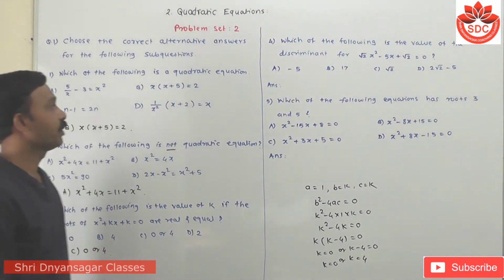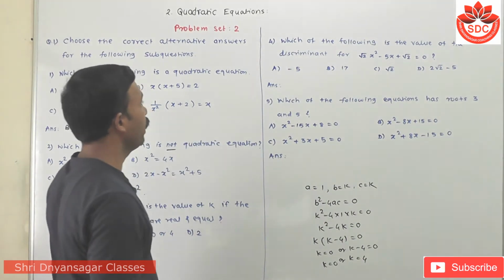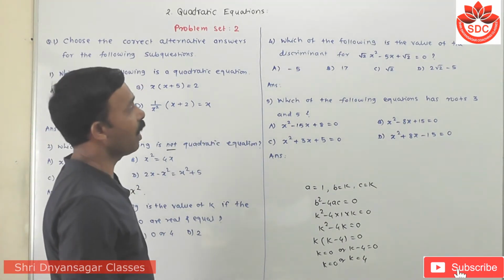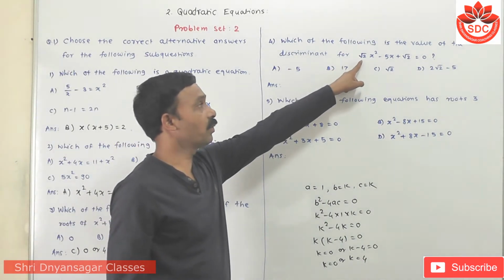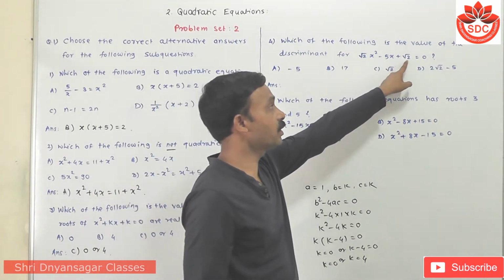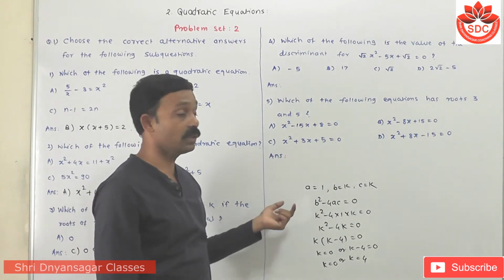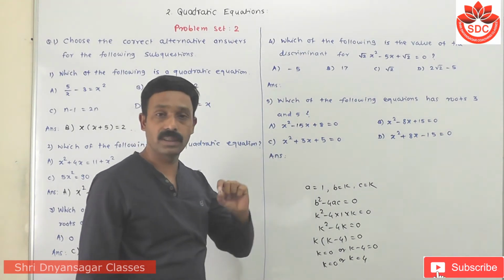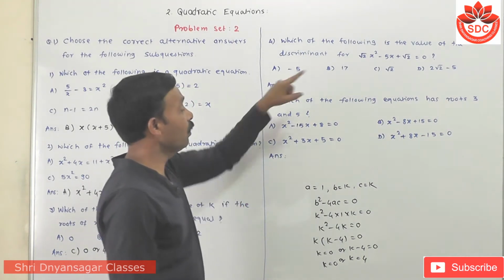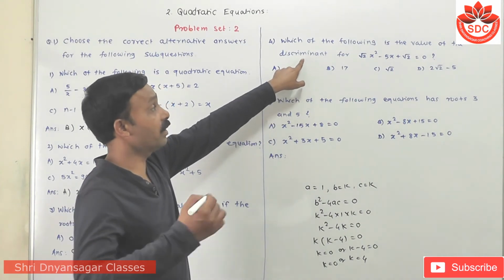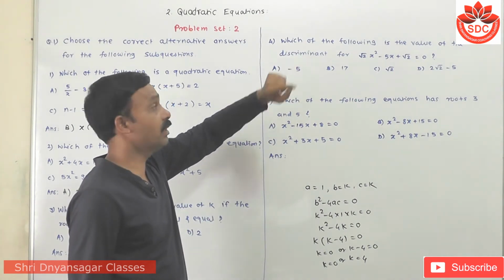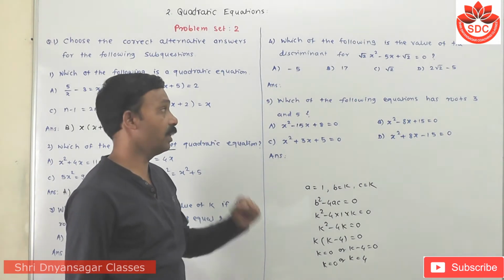Okay. Then we see question number 4 here. Which of the following is the value of the discriminant for root 2 x square minus 5x plus 2 is equal to 0? Now the value of the discriminant means we have to use again b square minus 4ac. Now we have to find out the value of the discriminant here, b square minus 4ac ची value आपल्याला इथे काढायची.